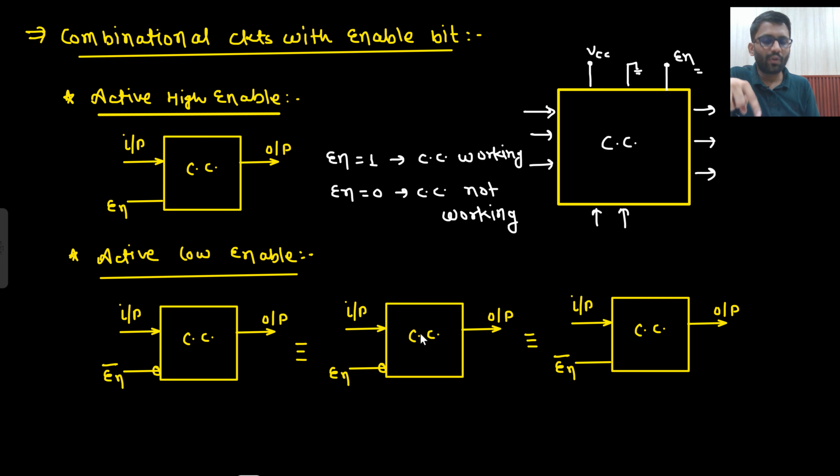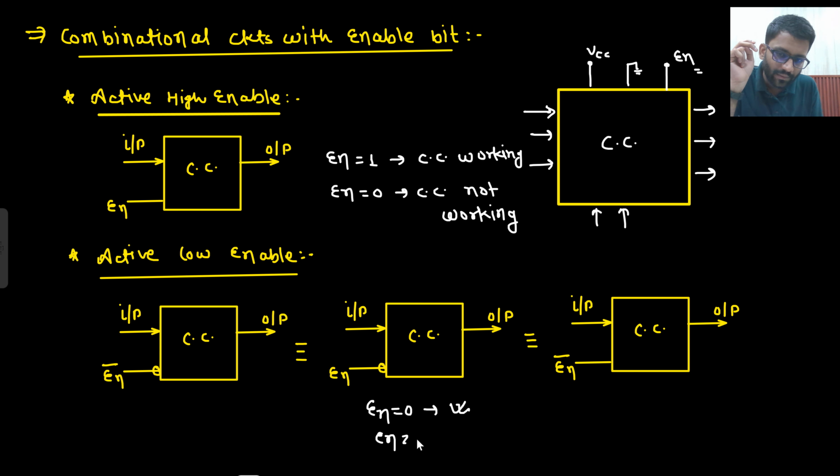What about active low enable? That means if your enable button is 0, then your combinational circuit is working, and if your enable button is 1, then your combinational circuit is not working. Active low enable means you need to give low at the input. So if EN is 0, my circuit is working.